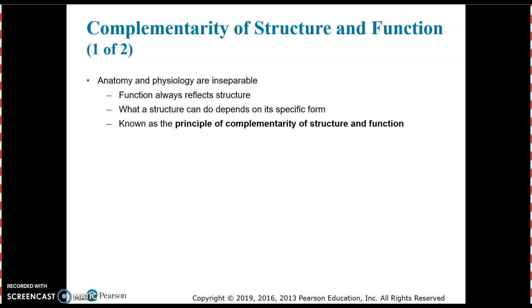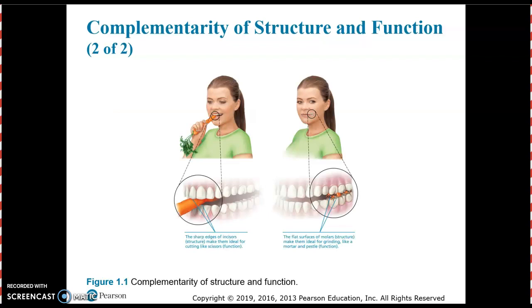The principle of complementarity of structure and function, this is one of your learning objectives. Complementarity just means that they complement each other. What a structure can do depends on its form. What it can do is its physiology, and its form is its anatomy. So anatomy and physiology are complementary to each other.